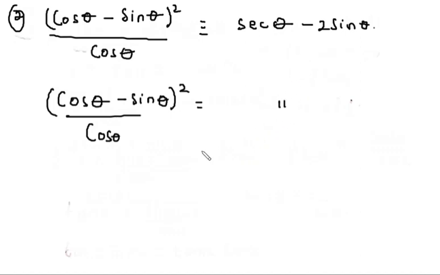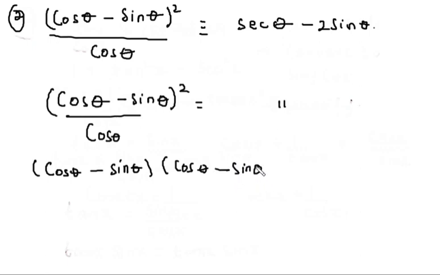So we have to expand the brackets: cos theta minus sine theta, close brackets, cos theta minus sine theta, divided by cos theta. We have to expand the brackets of the numerator.